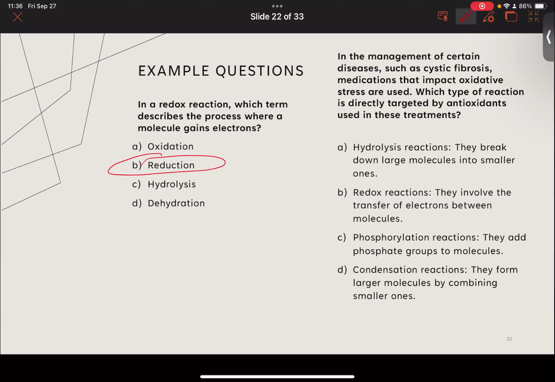In the management of certain diseases, such as cystic fibrosis, medications that impact oxidative stress are used. What type of reaction is directly targeted by antioxidants used in these treatments? In case you aren't paying attention, it's going to be redox reactions. But we can look at these and say, okay, well, hydrolysis, they break down larger molecules into smaller ones.